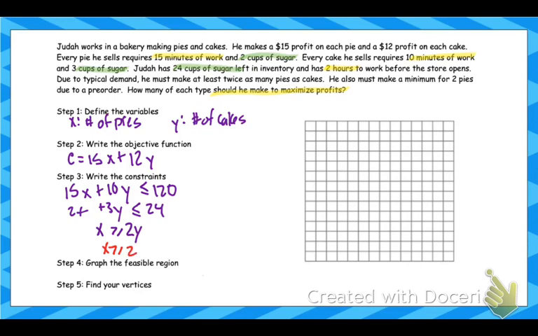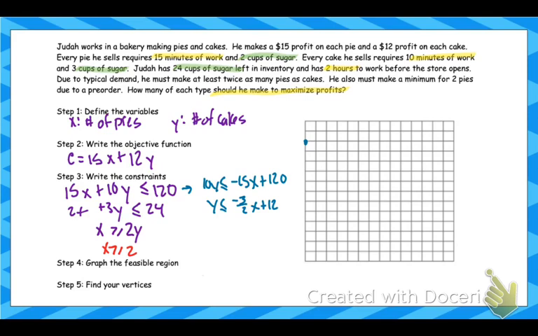All right, so before we graph this, let's go ahead and solve for y in those other equations. On this first one, we'll rewrite that: 10y is less than or equal to negative 15x plus 120, divided by 10. That's going to be y is less than or equal to negative 3 over 2 x plus 12. So we'll go ahead and graph that one.